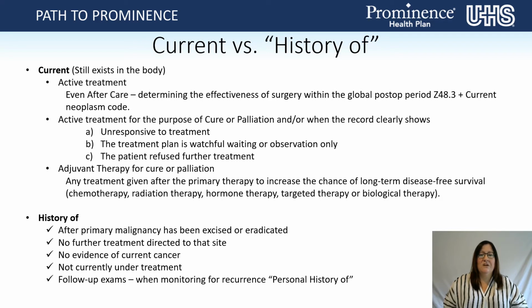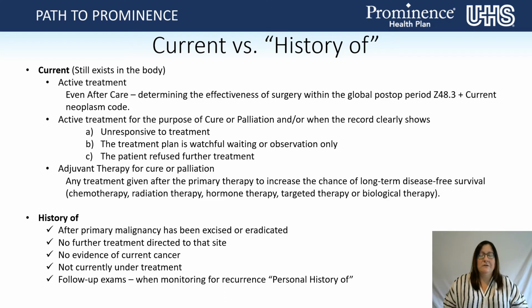Adjuvant therapies for cure or palliation is any treatment given after the primary therapy to increase the chance of long-term disease-free survival. Things such as chemotherapy, radiation therapy, hormone therapy, targeted therapy, or biological therapy used as adjuvant therapy to cure or palliation should be documented within your progress note documentation and stated as such.